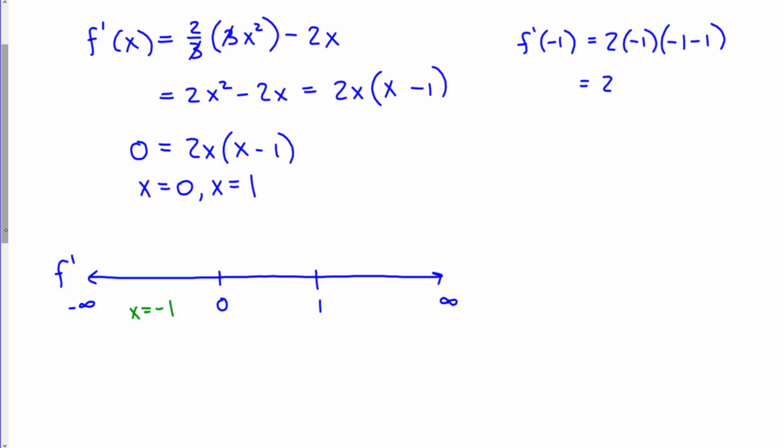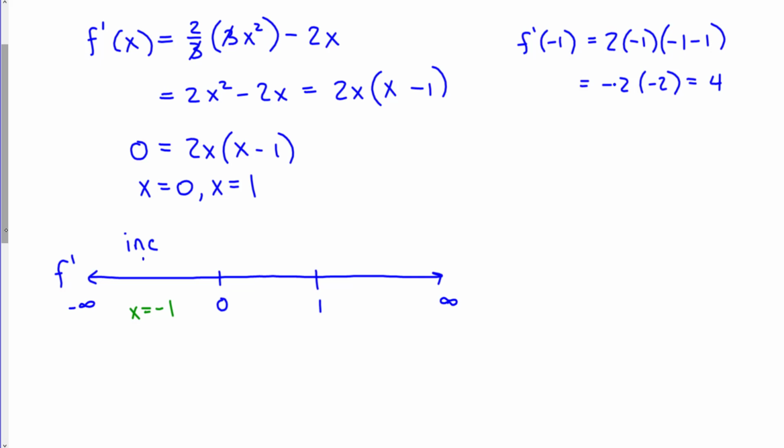So this is 2 times negative 1, I'll just make that negative 2. So negative 2 times negative 2 is positive 4. It doesn't really matter so much exactly what that number is. It just matters if it's positive or negative. So the first derivative is positive, which means I am entirely increasing on this interval.